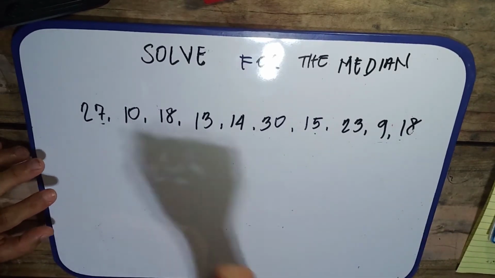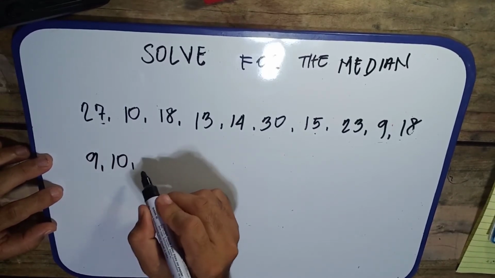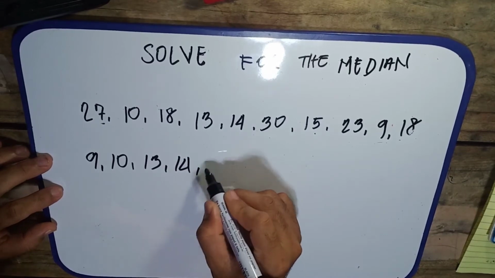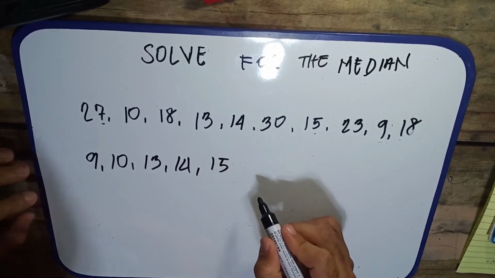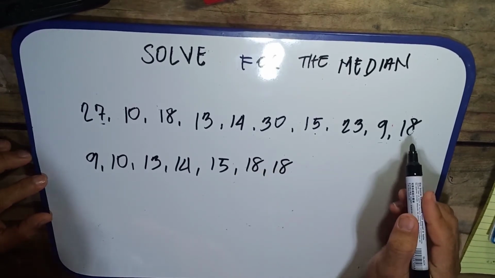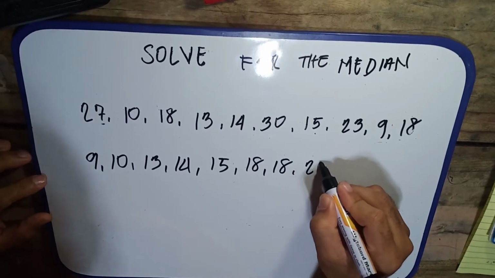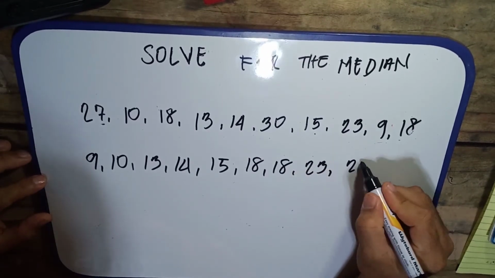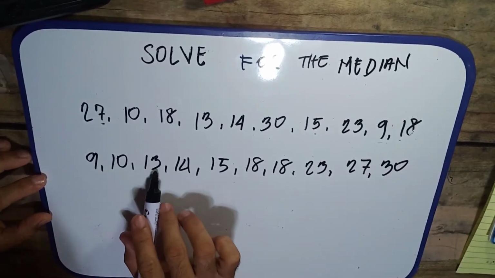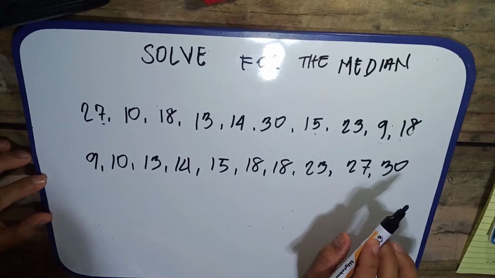Okay, so we are going to rearrange: 9, 10, 13, 14, 15, 18, 18, 23, 27, and 30. So 1, 2, 3, 4, 5, 6, 7, 8, 9, 10.